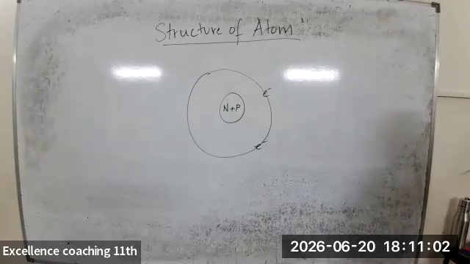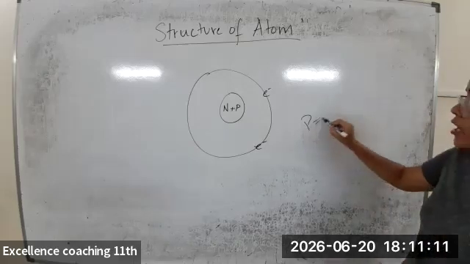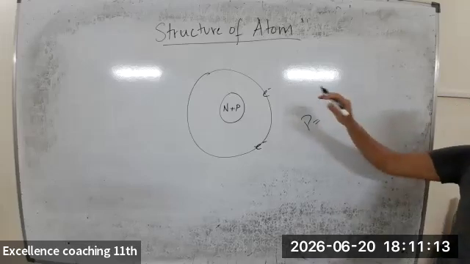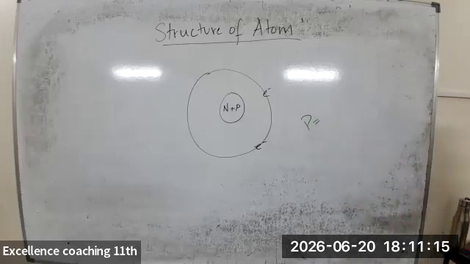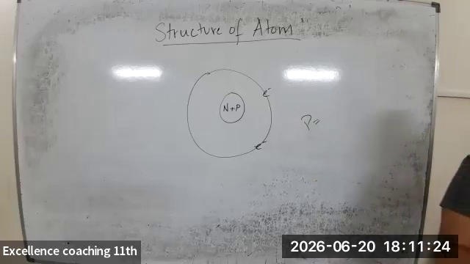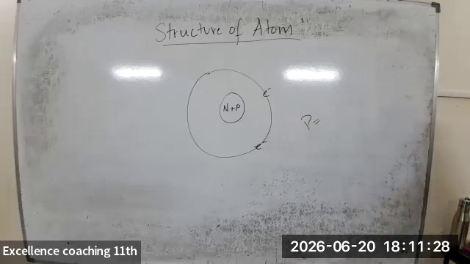They had no clue what protons basically are. We know that protons are positive charge, electrons are negative charge, and neutrons have no charge. The earlier scientists did not know this. So they wanted to prove what electrons and neutrons are, and they came up with their models to prove it.